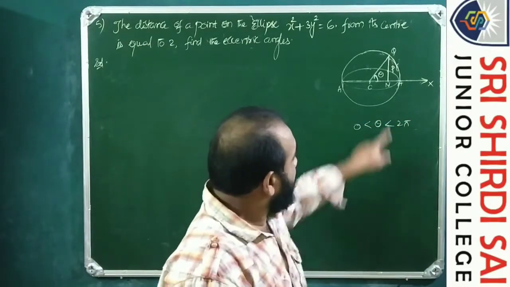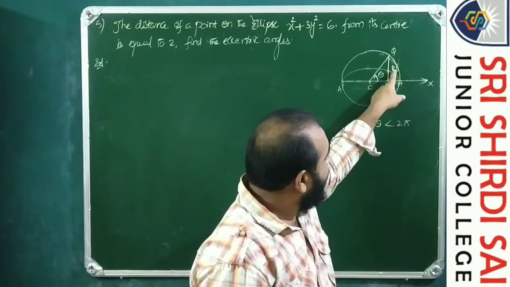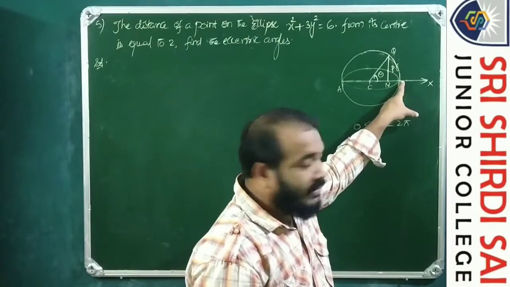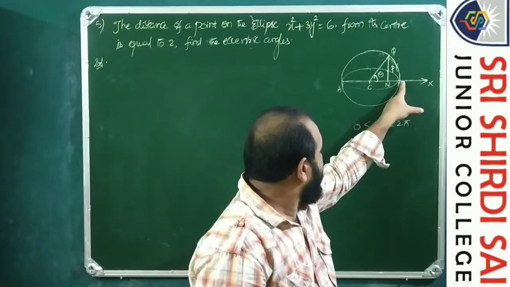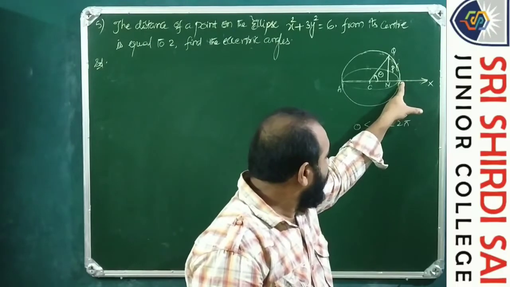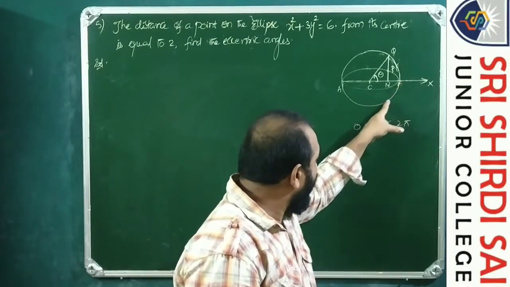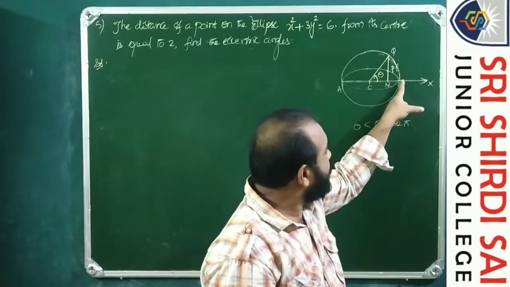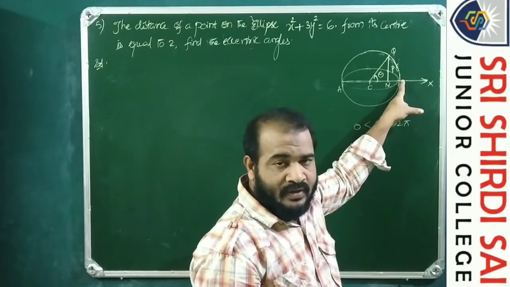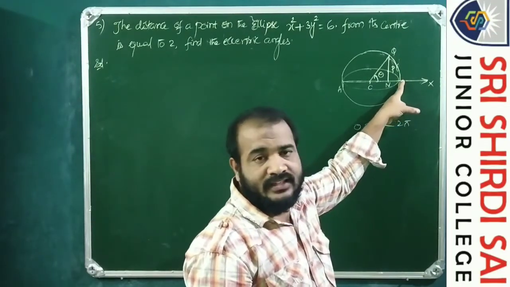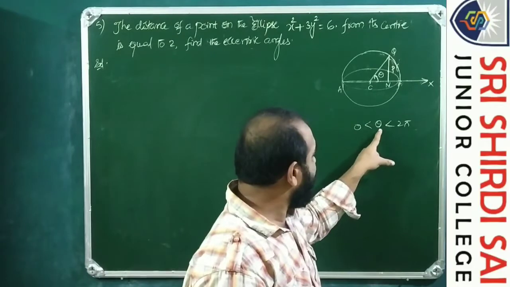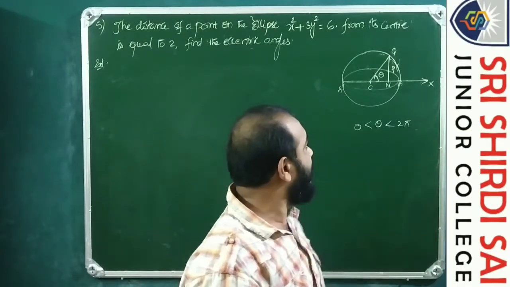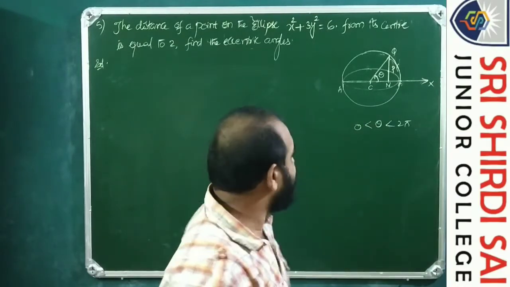So if P starts from A and moves in an anti-clockwise direction and again reaches A, then this complete revolution is 360 degrees. Therefore, theta lies between 0 and 2 pi. So this is what we have discussed.